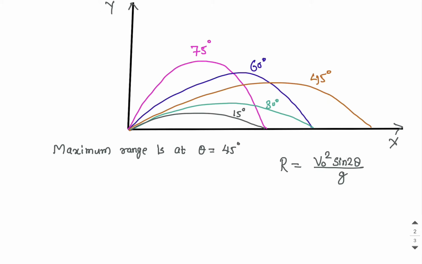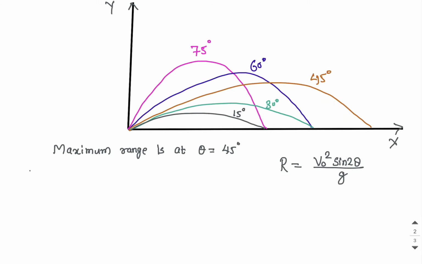And if you plug into your calculator, sine 75 degrees is exactly equal to sine 15 degrees, or sine 60 degrees is equal to sine 30 degrees. Because this angle has 2 theta here, the range would be exactly the same at 60 degrees and 30 degrees.